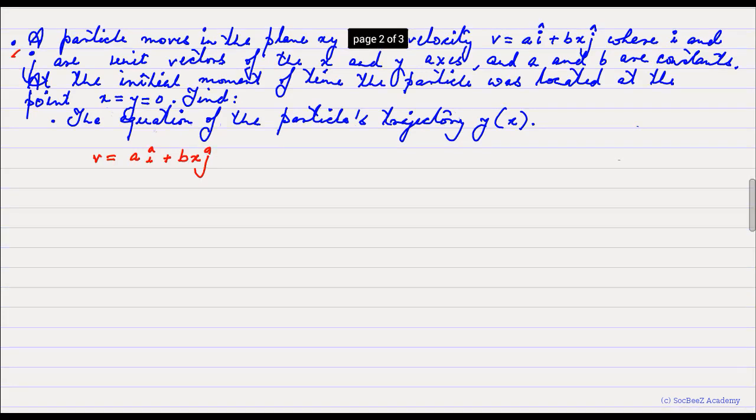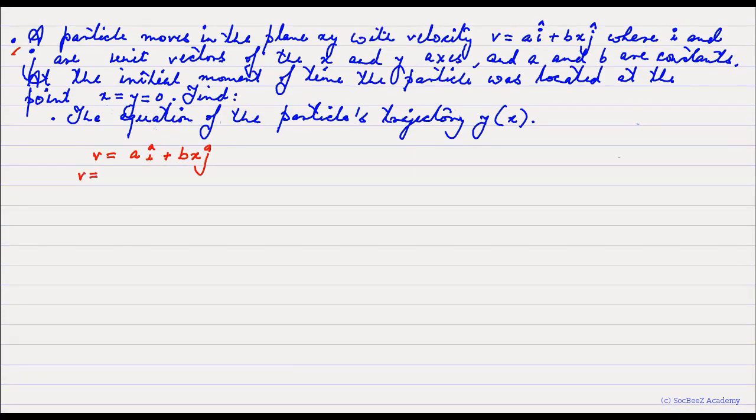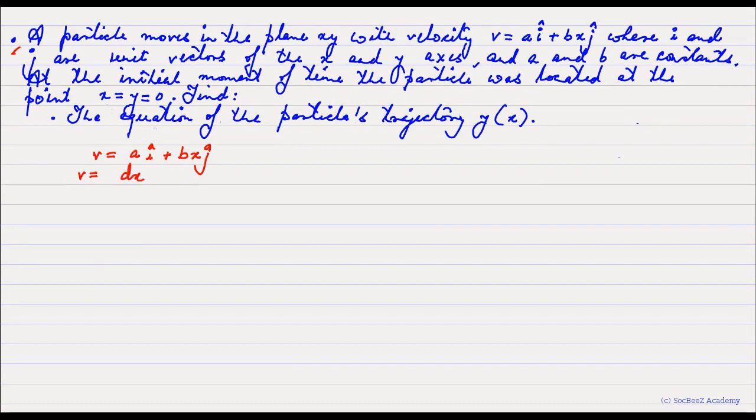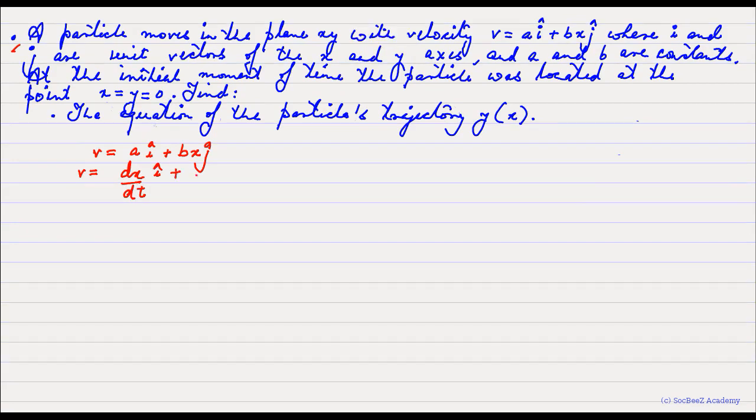Velocity can basically be written as dx by dt i cap plus dy by dt j cap. Okay, this is because v equals ds by dt, where s is the displacement vector and displacement can be written as xi plus yj.